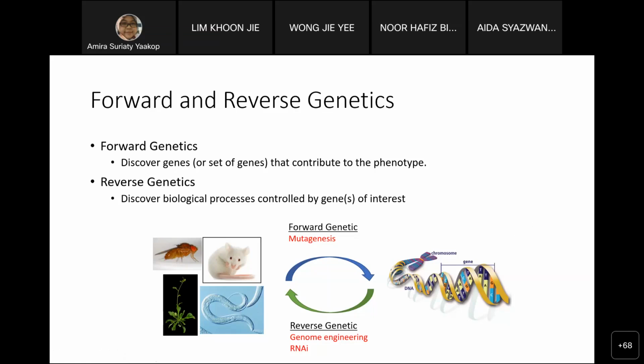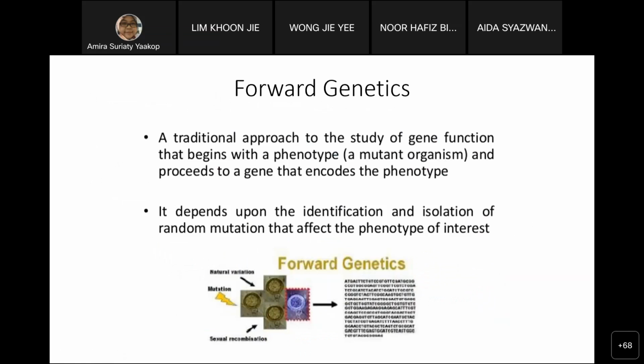However, forward genetics is more about general or natural selection. Alright, let's see what forward genetics is. It's actually a traditional approach to study gene function that begins with a phenotype. Meaning you look at the mutant organism and proceed to the gene that encodes the phenotype. For example, in the case of transposons, people saw that some corn was black or white in color.